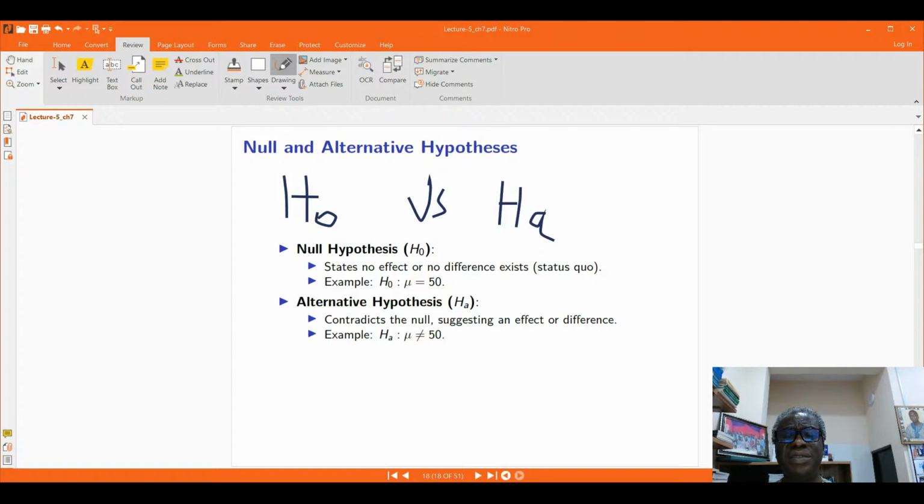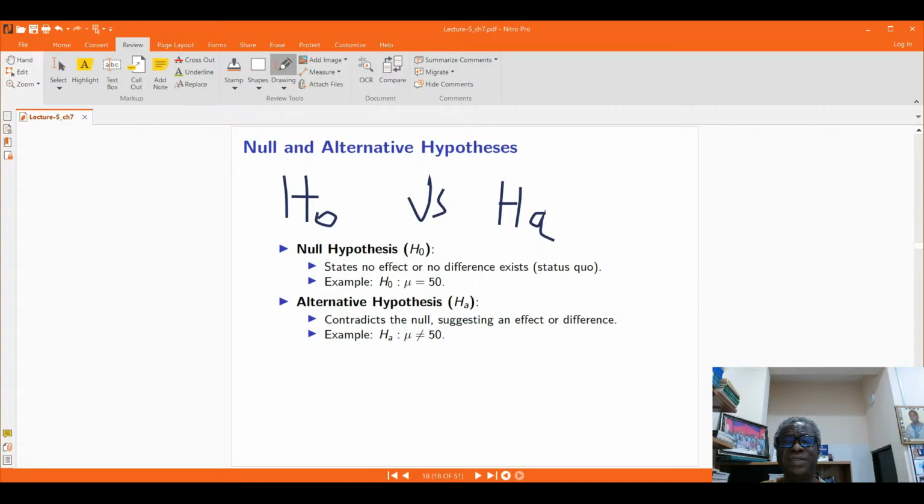That's the hypothesis that states what we know at the moment, what the current knowledge is about the phenomenon that you are trying to investigate. So it represents the status quo or no effect.